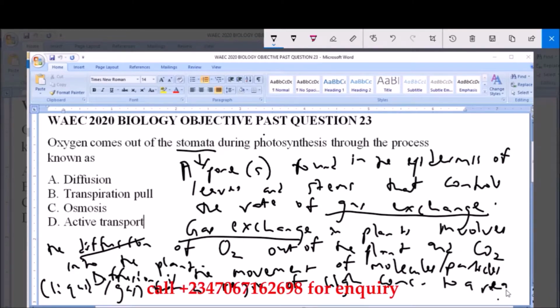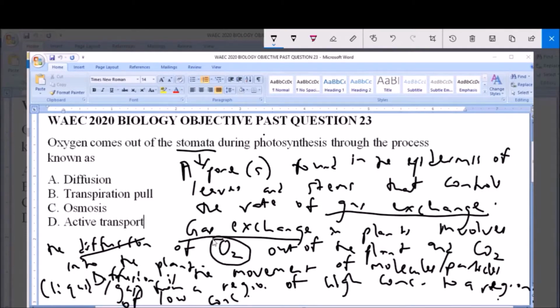So this means that you have buildup of oxygen within the plant. So the concentration in the plant is higher, so it diffuses out of the stomata during photosynthesis, and then the plant also takes in CO2 that it requires into itself.